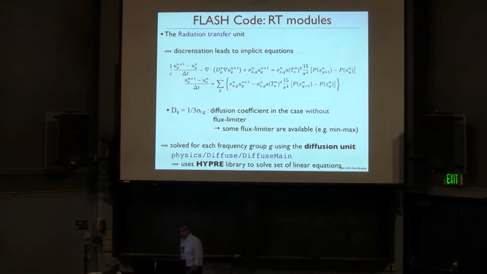So you have to solve this implicitly, or you can come up with a set of coupled equations. And this is done by a library. Solving the implicit equation involves some matrix inversion, or coupling of a set of linear equations.